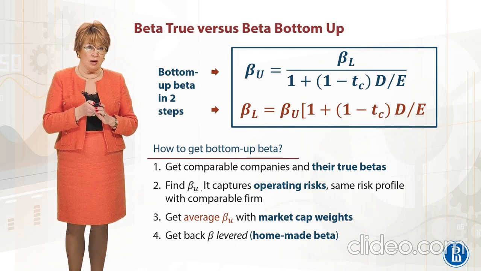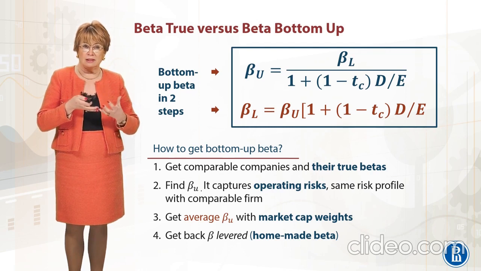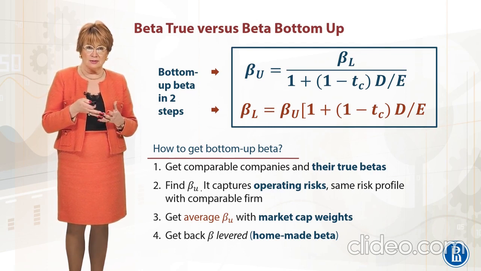The beta bottom up could be obtained from this functional dependence in two steps.